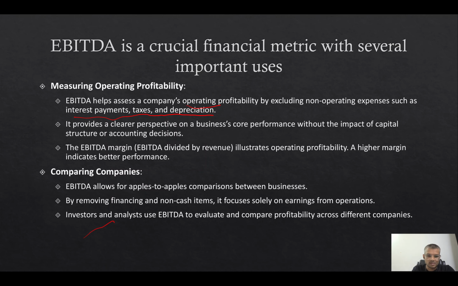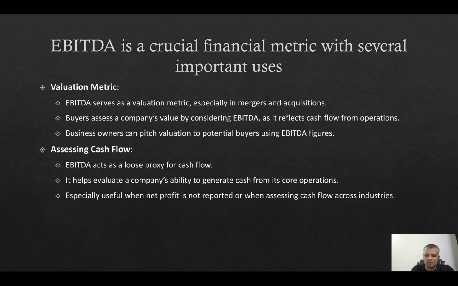Now, in most businesses this method is also used for valuation. EBITDA is used whenever the business is put on sale, and prospective or potential buyers can use this number as a basis for valuation.